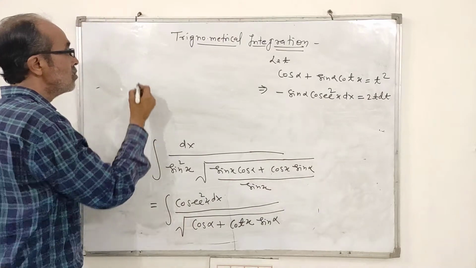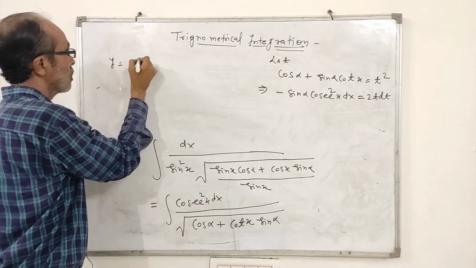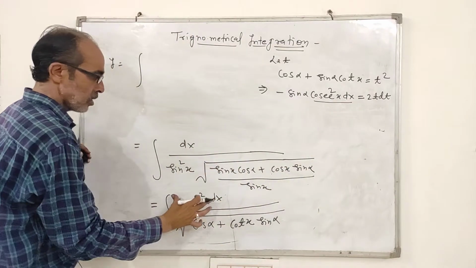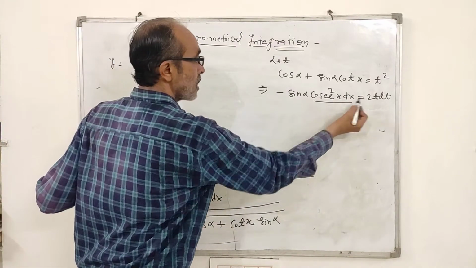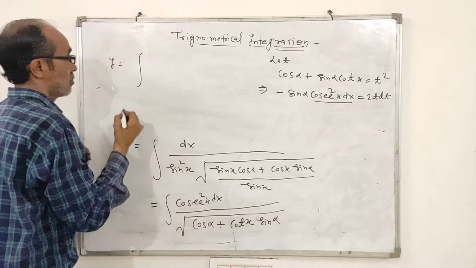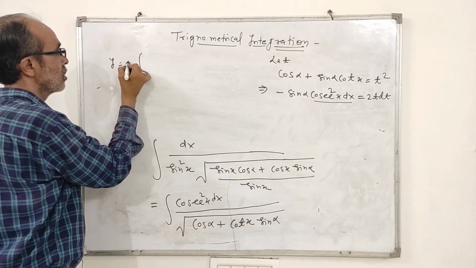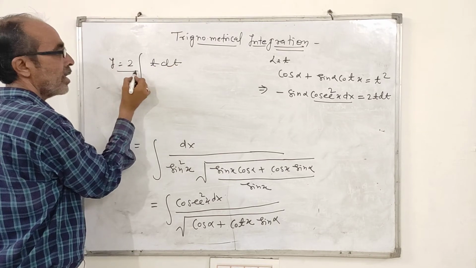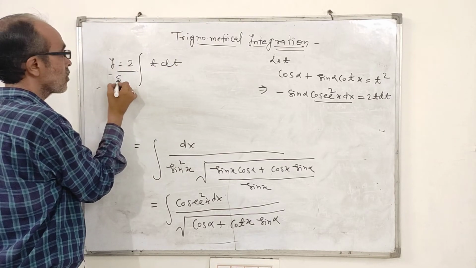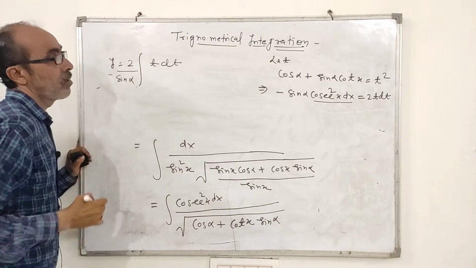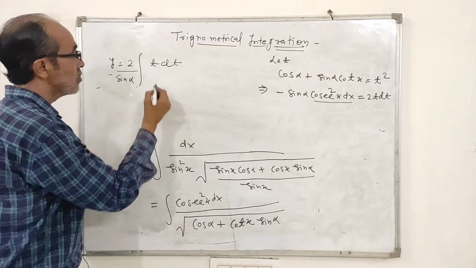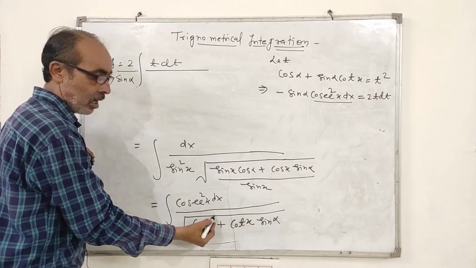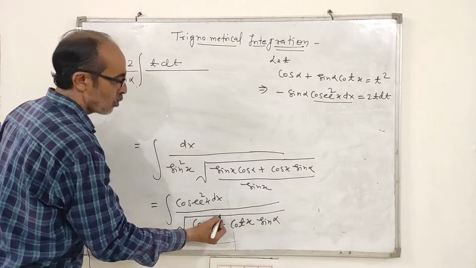And so the integral is equal to the integral of this cosec square x dx, which is equal to 2t divided by negative sin alpha, 2 times t dt, and this term is t square, and here the root of t square is t.